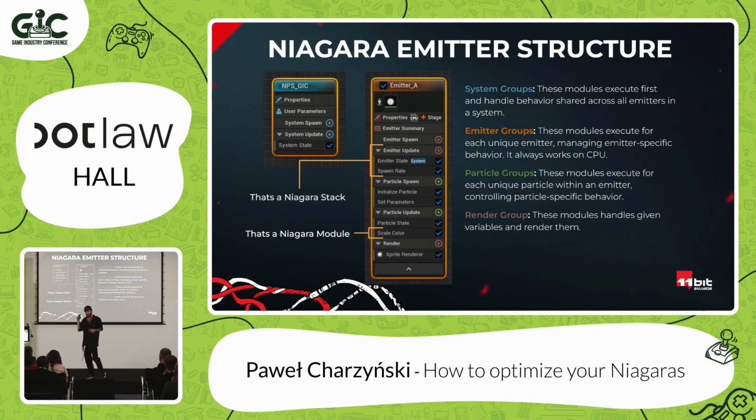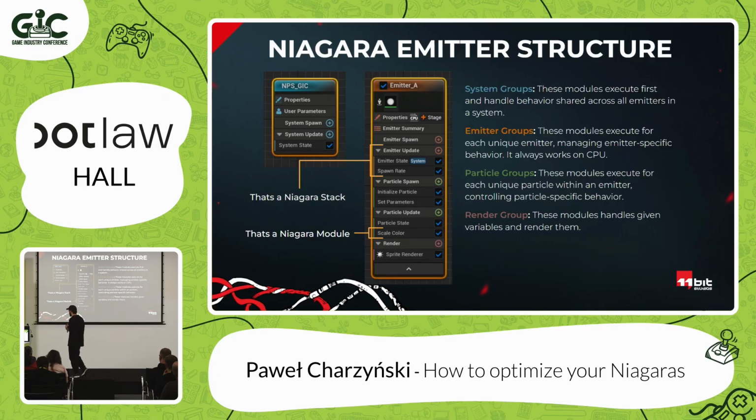So we have the emitter group, and as you can see, there's the whole emitter A thing. We have emitters path, and these things are managed. It always works on CPU, and it's really important to know because some features, like sampling RVT or something like that, we can't do on CPU because it's mostly on GPU. We have an emitter spawn and emitter update.